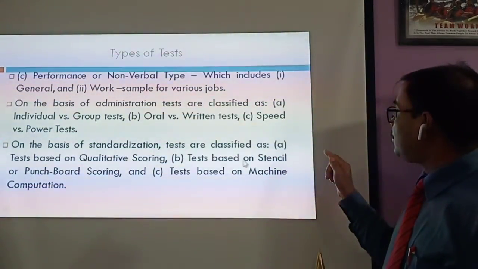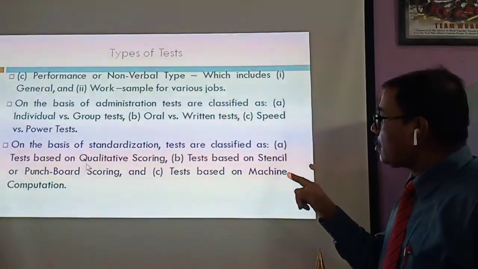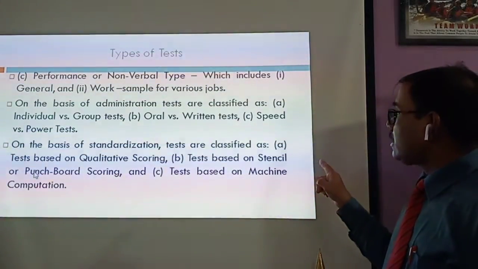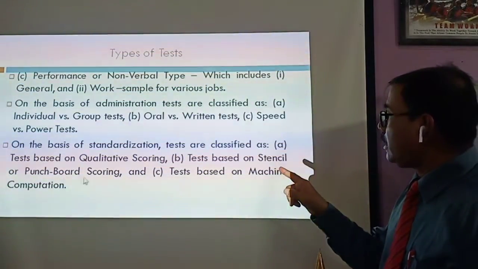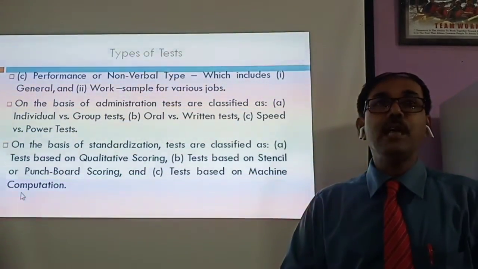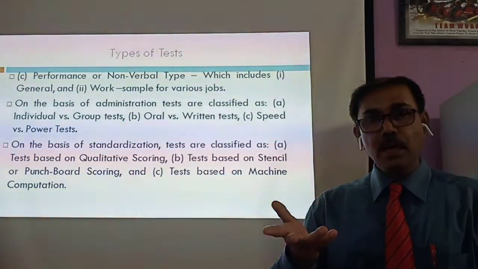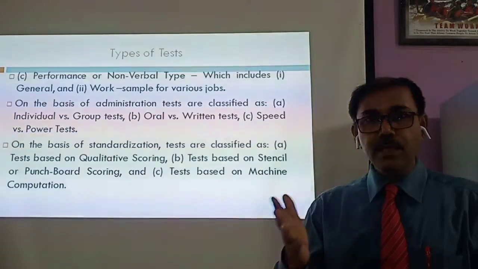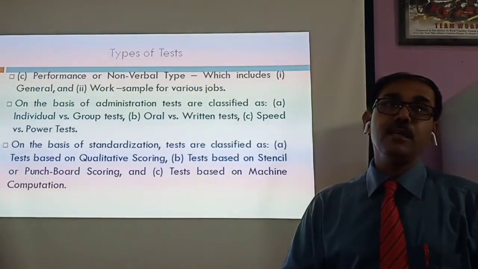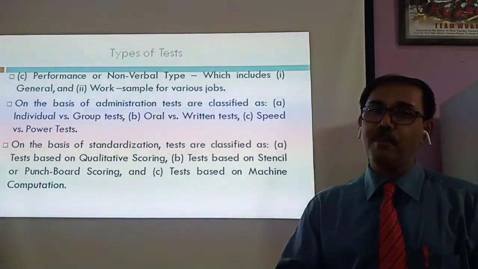Tests are classified as A, test based on qualitative scoring, B, test based on pencil or punch board scoring, and test based on machine computation, means with the help of computer we can get the interpretation, or we can get the result of analysis of data so that we can interpret the result and report it in the final part of our thesis.